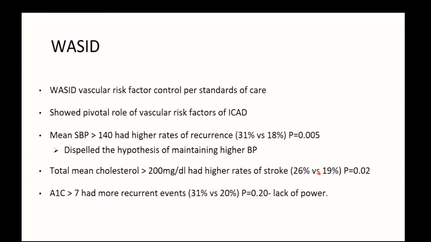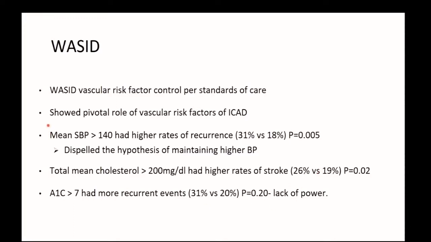Maybe you tell your patient, see your primary care doctor and take care of your other issues. But in the WASID trial, vascular risk factor control was the standard of care at that time. But then the data we had from the WASID showed the importance of controlling vascular risk factors for ICAD.